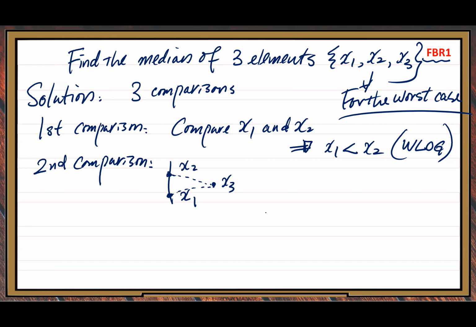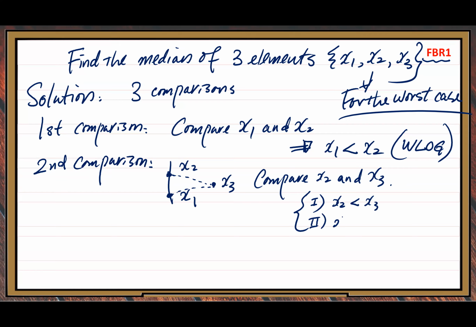Let's say we compare x2 and x3. Then there are two possibilities. The first possibility, x2 less than x3. The second possibility, x2 greater than x3.